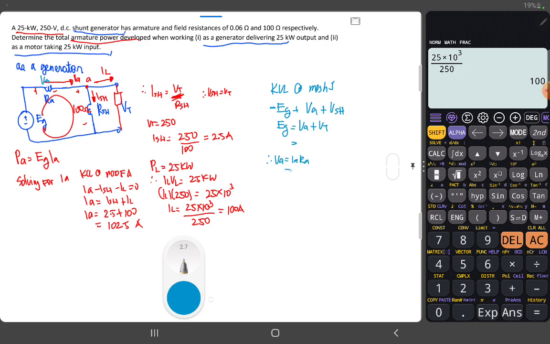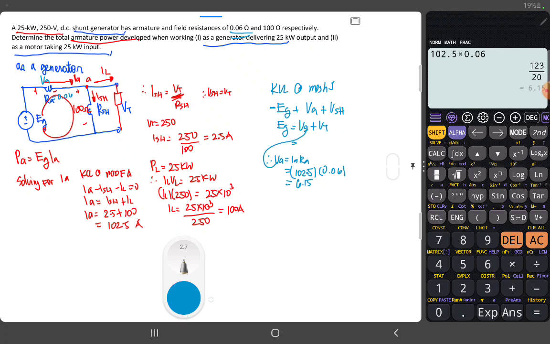IA multiplied by RA, which is equal to 102.5 multiplied by 0.06. So therefore we'll have a value equal to 6.15 volts.